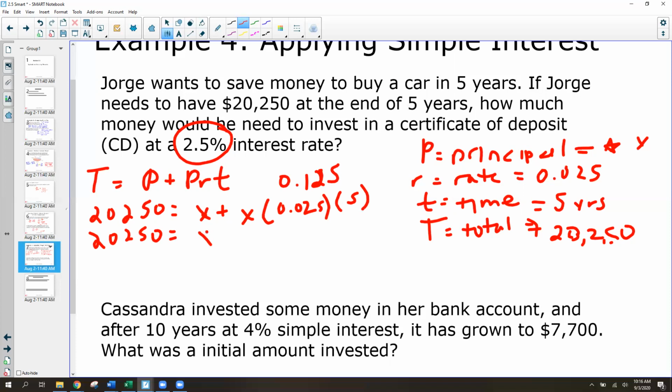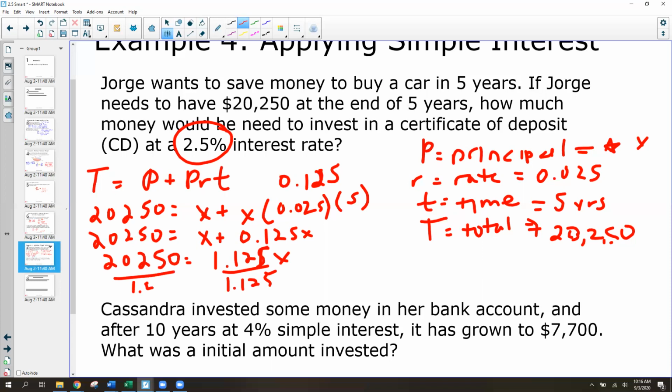Okay, so I get X plus 0.125X. That's really just 1X and then some more, 1.125X, and divide by 1.125. And when we do that division, we get X is $18,000.